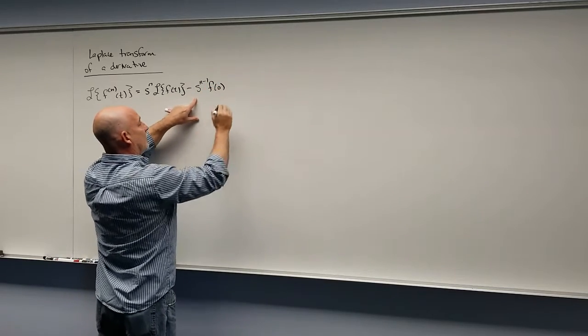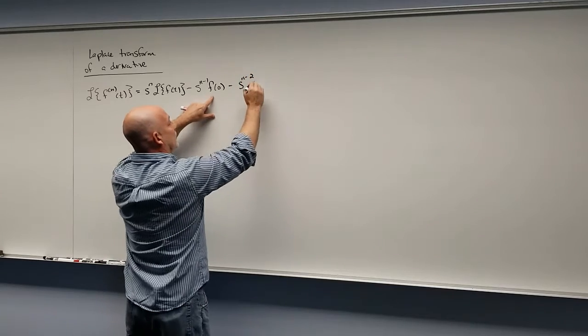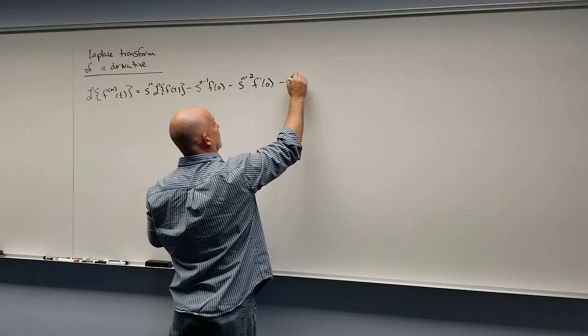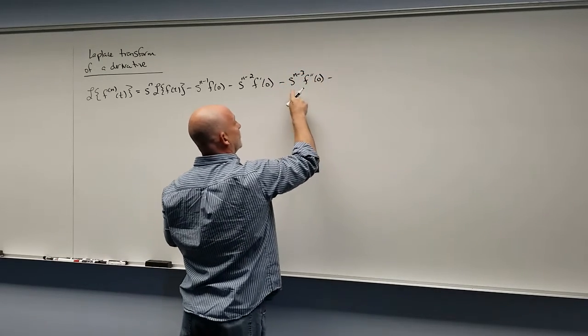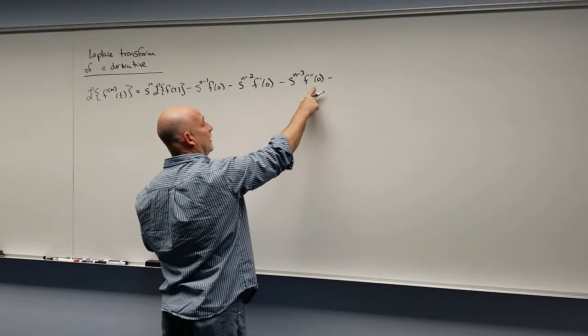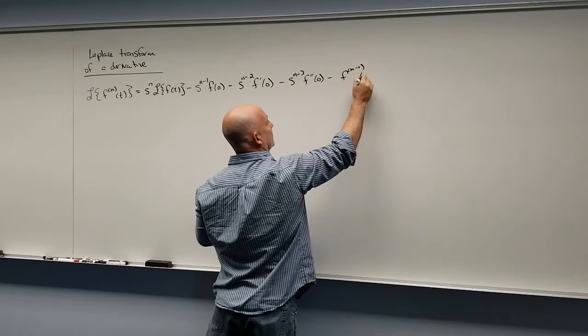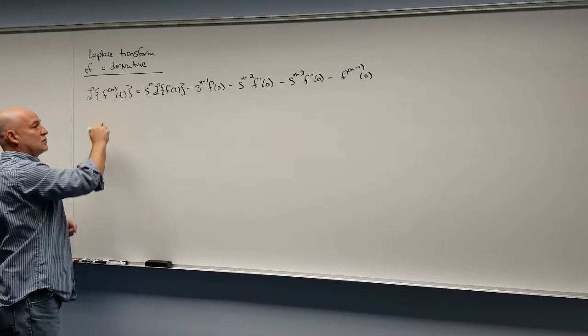So it's going to be f of 0 minus s to the n minus 2, and then the derivative counts up, f prime of 0. Power of s counts down, derivative counts up. Now this is going to keep going until we run out of s's, and the very last one's going to be the n minus 1 derivative at 0. Basically, you're going to end up one derivative short of what you actually started with.